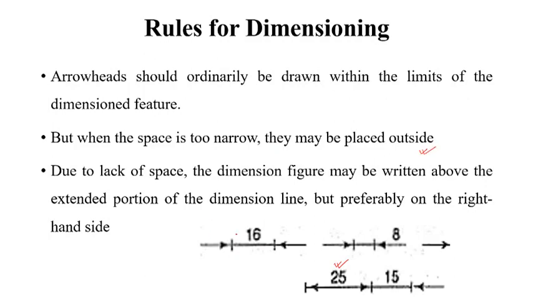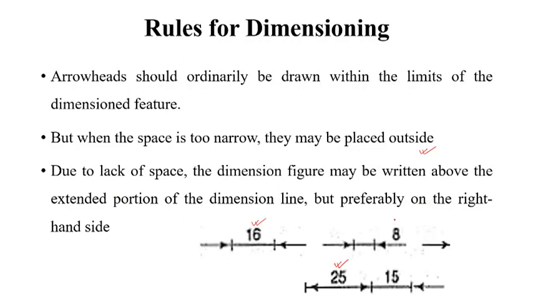Now in some cases it is not at all possible to provide the dimension figure also, like in this case where the space is very little. So in those cases the dimension figures are placed above the extended portion of the dimension line, but it is preferred to be placed on the right hand side.